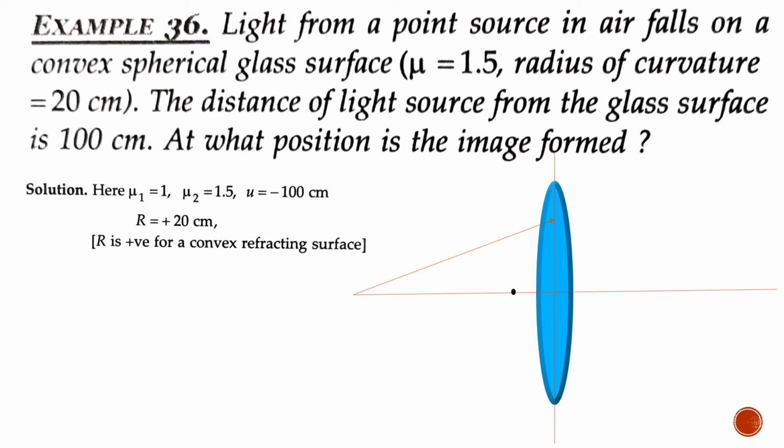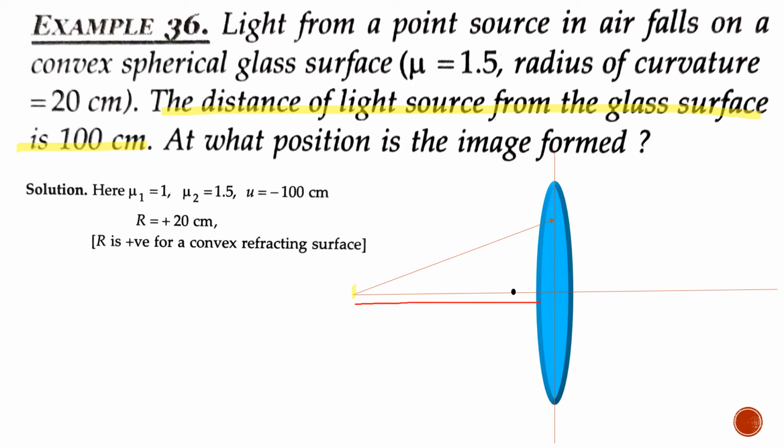The next important point they have given is the distance of the light source, the point from where the light is coming, which is 100 centimeter. Let us consider this point. At this point the ray starts to come.